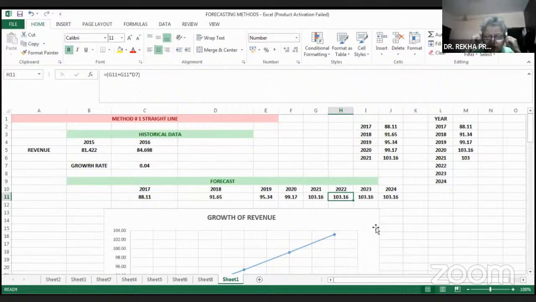Actually, it has copied the formula, but it has given the same answer.